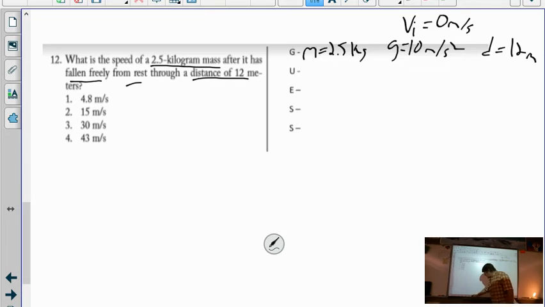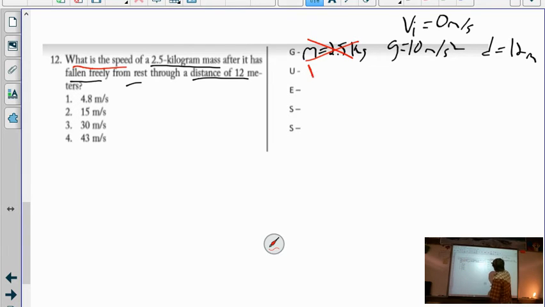Okay. So you have 4 things that you are given. You are only required 3 things for a free fall problem. And you will never see a free fall problem that has M in it. That's added information. When we talk about free fall, we say in the absence of air resistance and mass will not come into play.